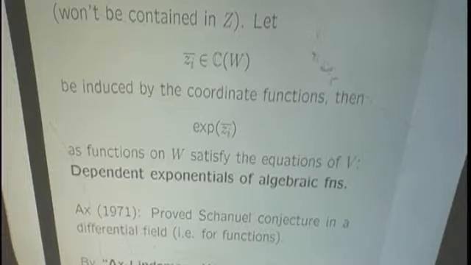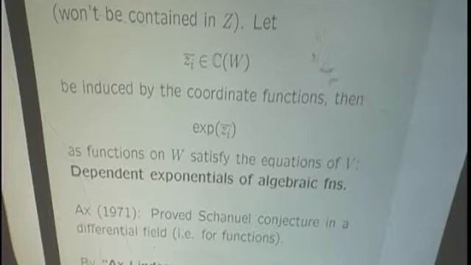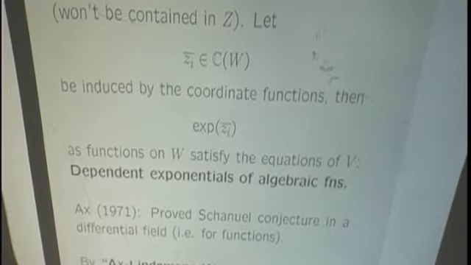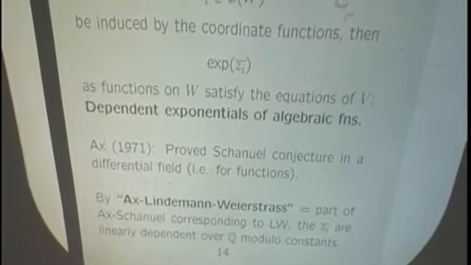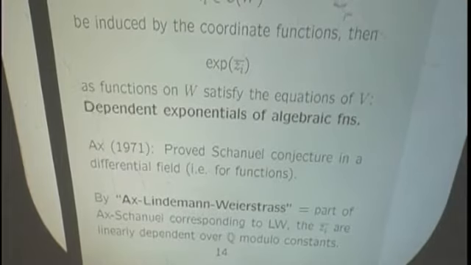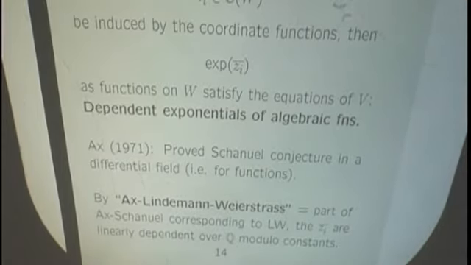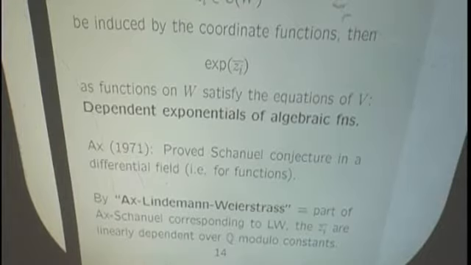And let's consider the coordinate functions z_i bar, the functions induced on W by the coordinates. So these will be some algebraic functions on W. And what this situation is telling us is that the exponentials of those functions now lie in V. They satisfy an algebraic relation. And so we have algebraic functions whose exponentials are algebraically dependent.